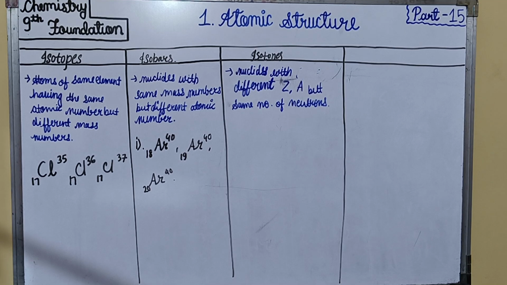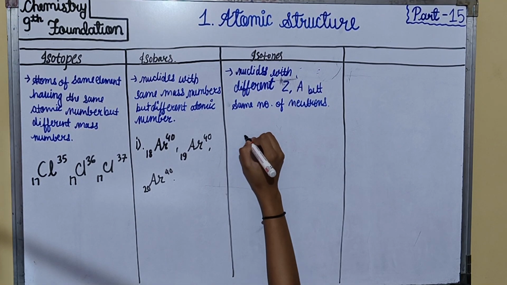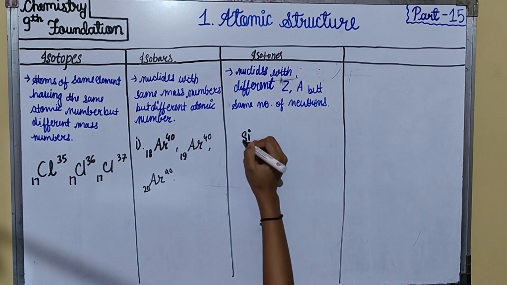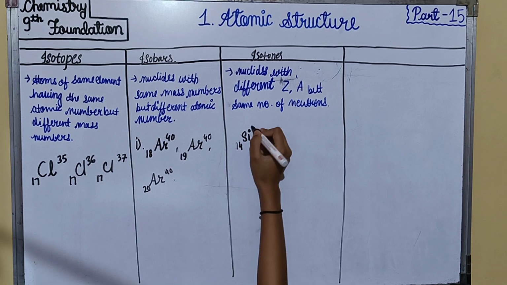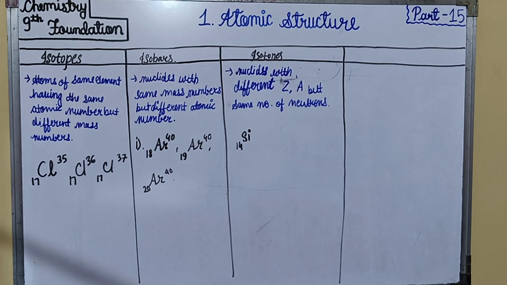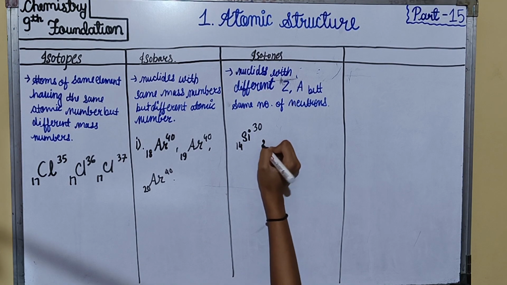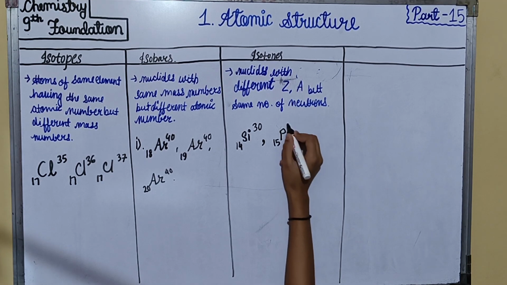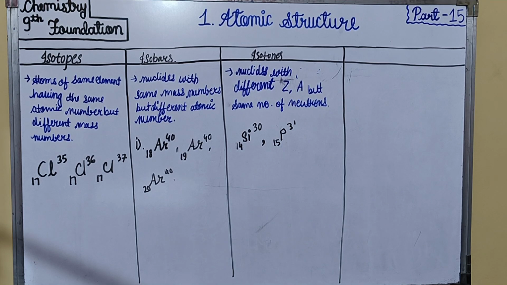Example is silicon, that is 14 is the atomic number and mass number is 30. Then comes phosphorus, 15 is the atomic number, 31 is the mass number.